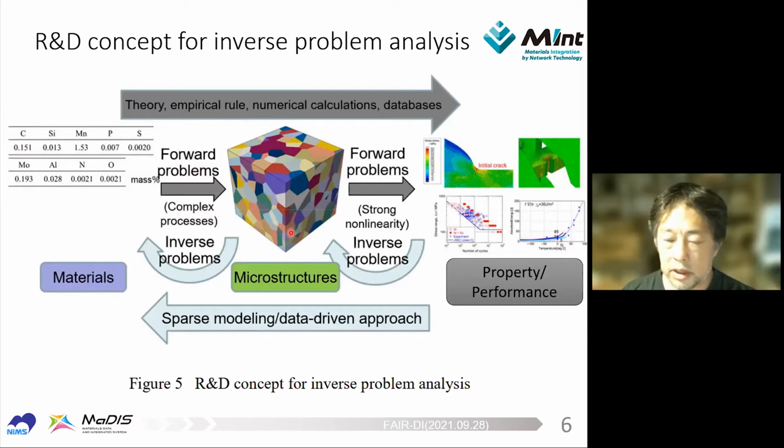After we capture the features of microstructures, we can move to, for example, property analysis or performance analysis. For example, the chemical composition or heat treatment condition is the process in the PSPP relations.